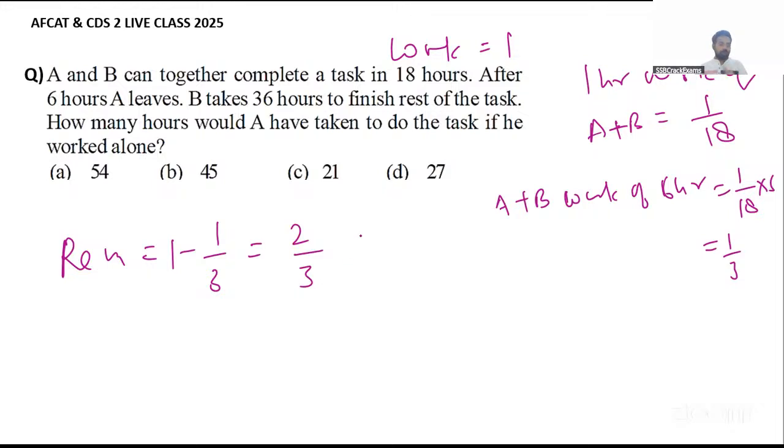So it means 2/3 of the work is done by B in 36 hours. So B will finish the whole work in 36 into 3 upon 2.